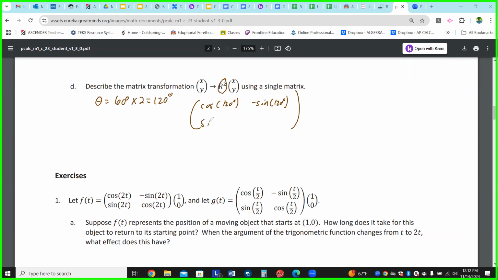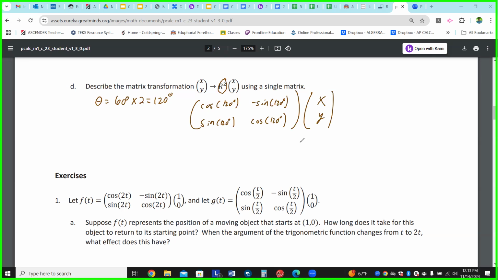And then this becomes sine of 120. And this becomes cosine of 120. Because then the xy here would have been, well, technically this is the answer. You're done here, right?